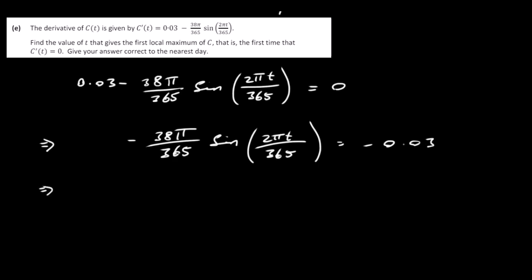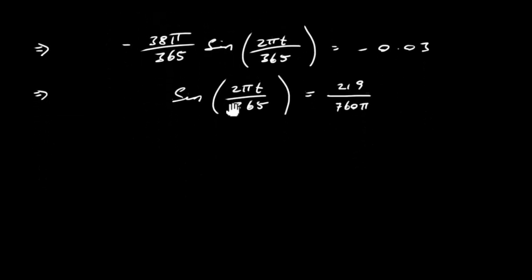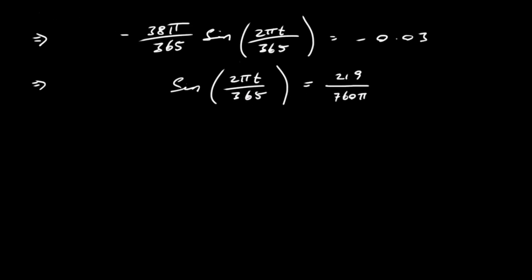The next thing I've got to do is divide by this thing here on both sides. So that'll leave me with sine 2 pi t over 365. And when we divide those, we end up with 219 over 760 pi. Okay, so what we've got to do now is just do sine inverse of this thing here.